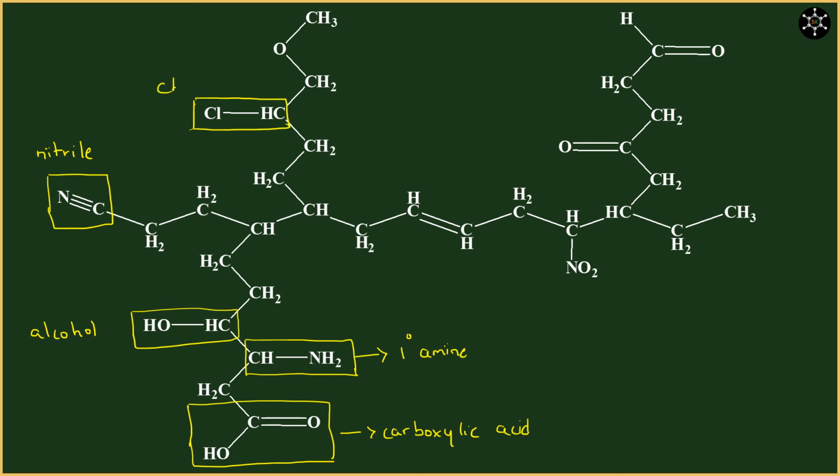This is the chloro or halo functional group. Then we have C connected to O, that is connected to C. This indicates ether. Here we have a double bond. So this is alkene.